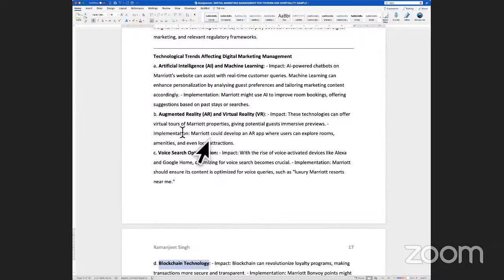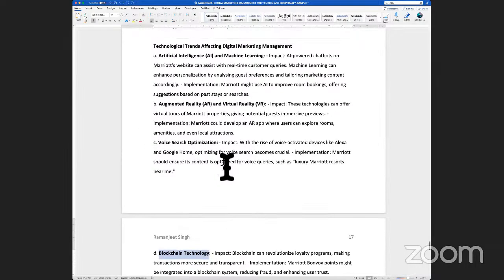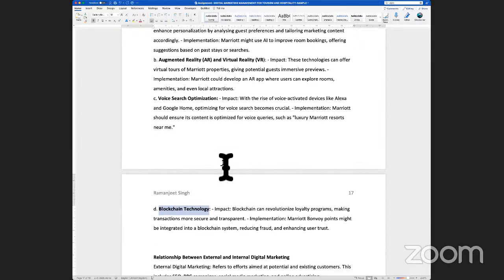So there are things like artificial intelligence, augmented reality, and voice search optimization. In certain premium rooms in the hotel, there is integration of the Alexa app, which allows you to use voice to dim the lights of the room, switch off the lights, or switch on the TV or some of the other facilities in the room.